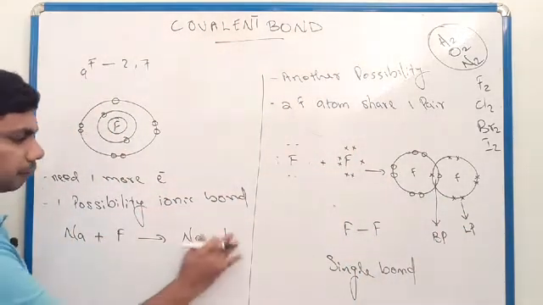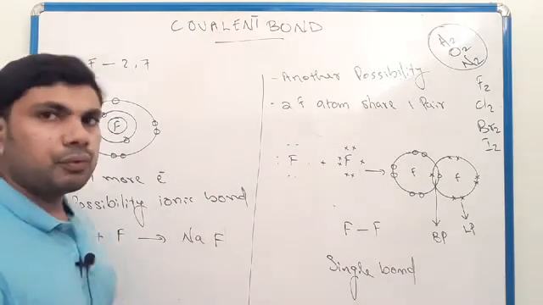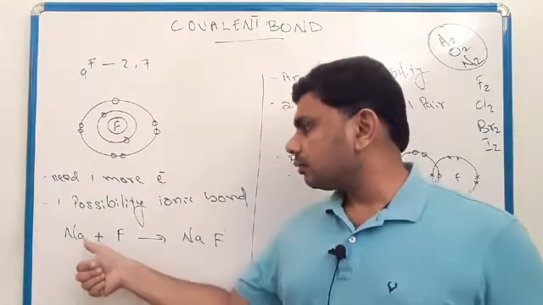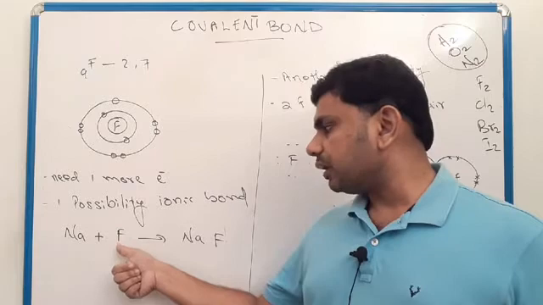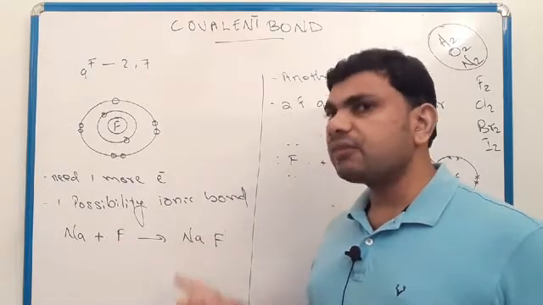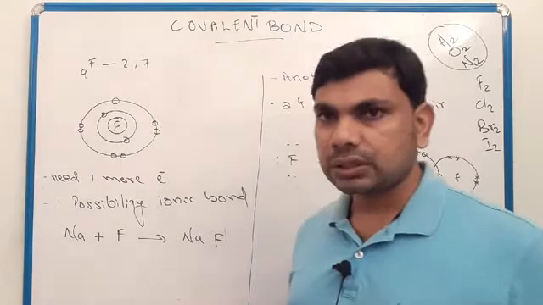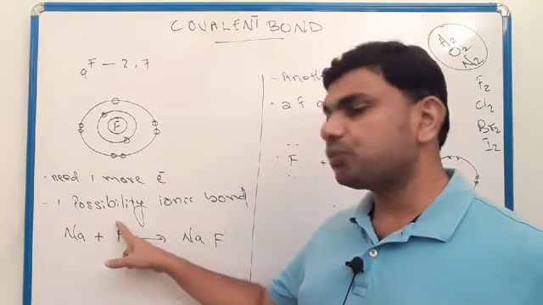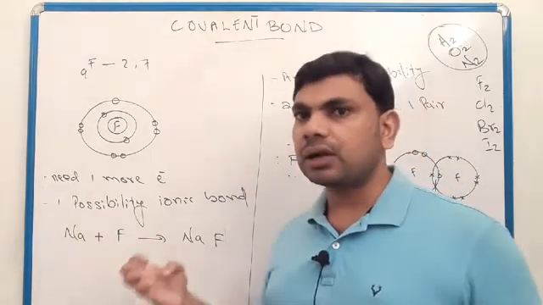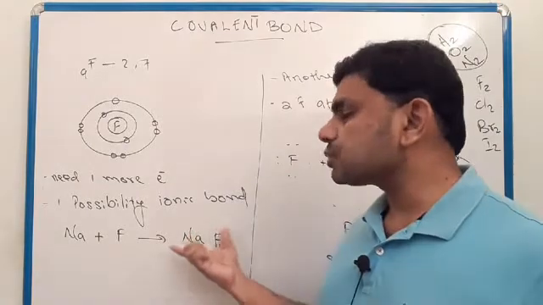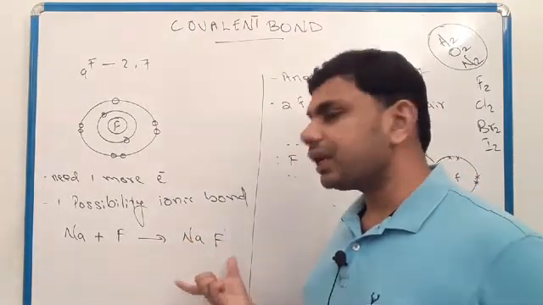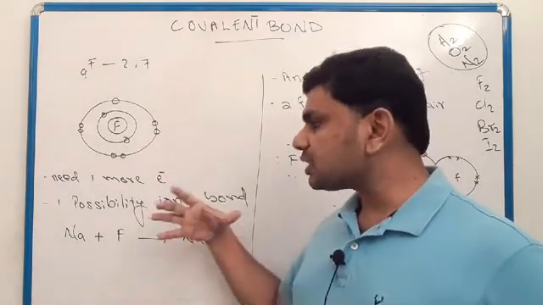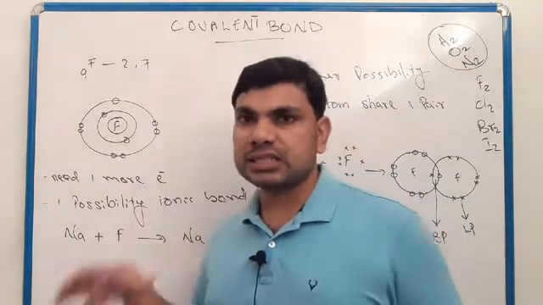Sodium reacts with fluorine to form sodium fluoride. In sodium fluoride there is an ionic bond. During this chemical reaction, one electron transfers from sodium to fluorine. Fluorine receives one electron and forms sodium fluoride. Then fluorine gets stability. This type of compound is an ionic compound, and we already discussed this possibility.